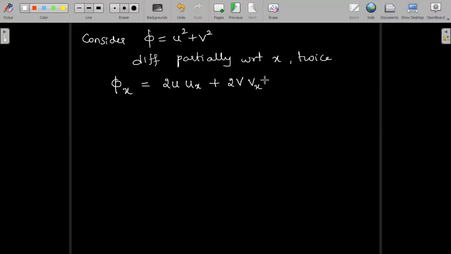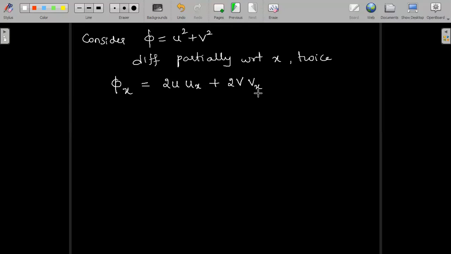Let me explain the chain rule concept of the differentiation here. We are differentiating phi partially with respect to x. So it is dou phi by dou x, which is equal to u square differentiation, just 2u, into dou u by dou x, because we are differentiating partially with respect to x. So chain rule concept has to be applied, plus v square differentiation is 2v into dou v by dou x.